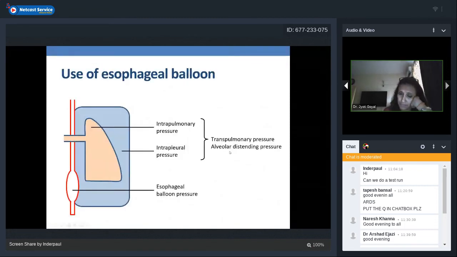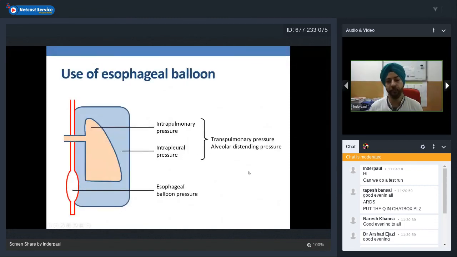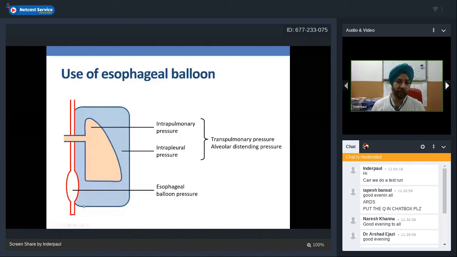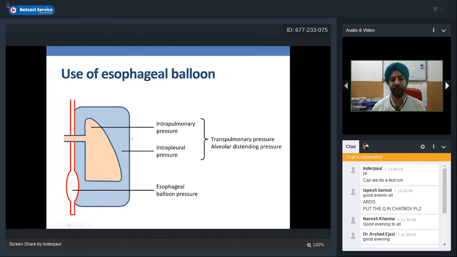So, like sir said, the best way to measure the alveolar distending pressure is by measuring the transpulmonary pressure, which requires a special kind of esophageal balloon, which basically measures the changes in the thoracic cavity in the esophagus, and we extrapolate that these changes would be roughly telling us what is happening in the pleural cavity.